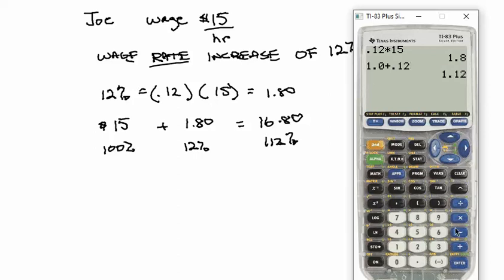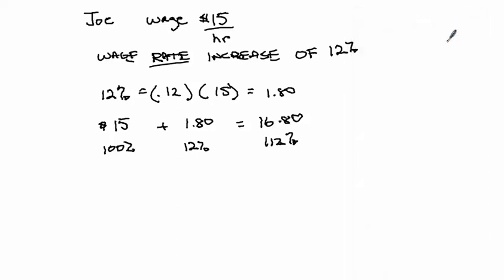Now if I times that by the original amount, which is 15, I get $16.80. So you could do this in one step instead of two. Either way works fine. Okay, let's do another example.